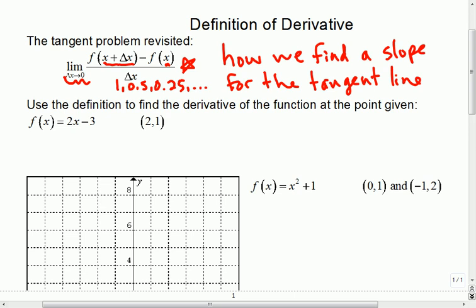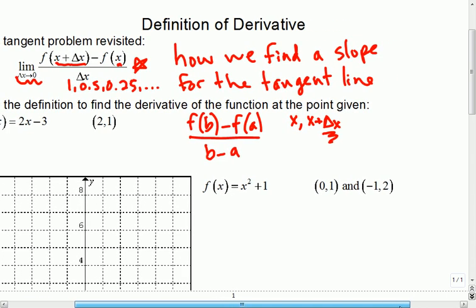So it comes from the point slope formula that you already know. This is the one that you already have been using. But this time the points are going to be at x and x plus delta x, that little bit that's going to be moving.